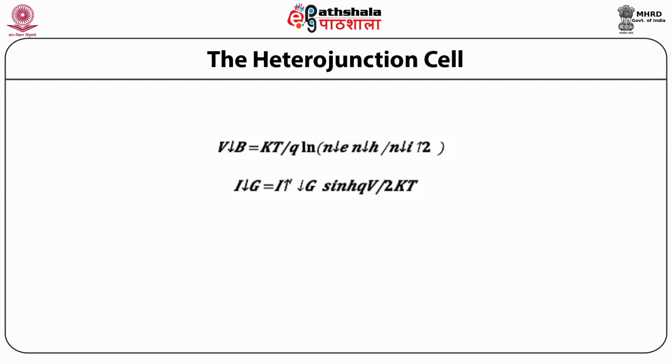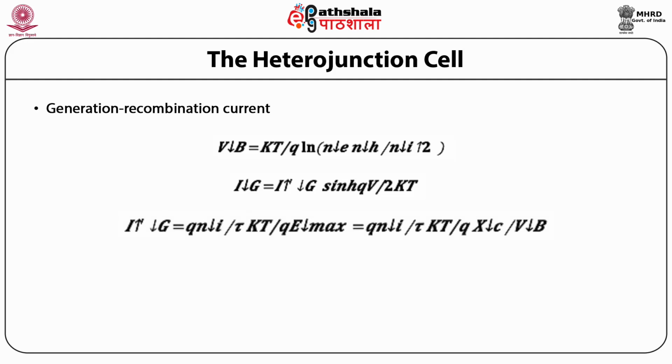XT represents the carrier transmission from one material to another, and I is the current. Generally, during device operation, the generation recombination current is small compared to the diffusion current, and it is given by Ig equal to Ig prime sinh of QV by 2KT, where Ig prime depends on the doping level, the temperature, and the impurities in the semiconductor.